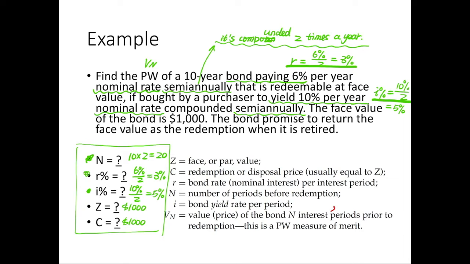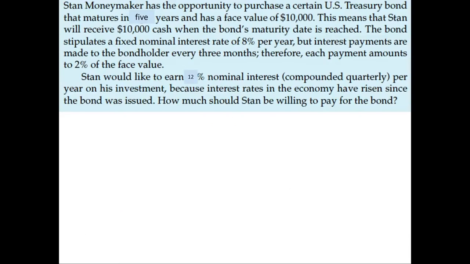So the 3% is 3% per half year, and 5% is 5% per half year. And the N is 20 half years. Makes sense? And then from here, you can use the equation directly to calculate the VN for this coupon.